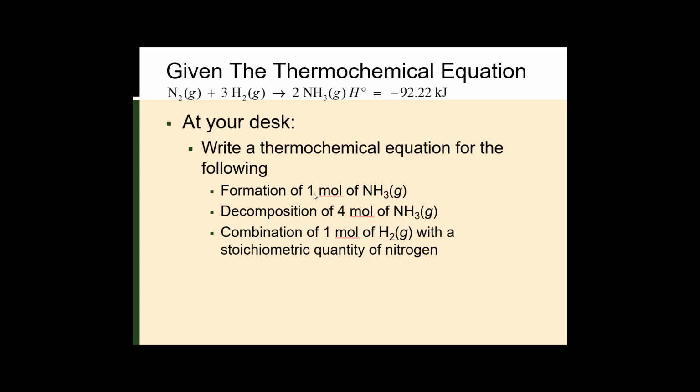So what would this equation look like if we had 1 mole of ammonia produced? What would it look like if we had 4 moles of ammonia that were decomposing? And what would it look like if we had the combination of 1 mole of H2 with the correct stoichiometric quantity of nitrogen? So why don't you take a second and see what that would look like and what it would do to the resulting delta H.